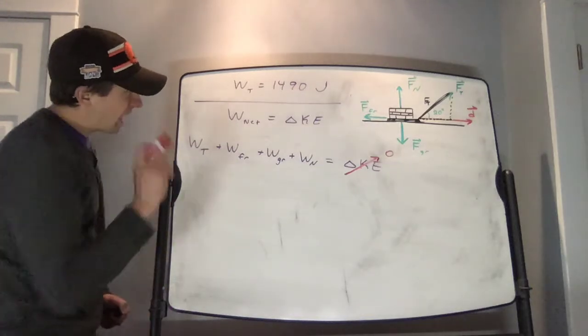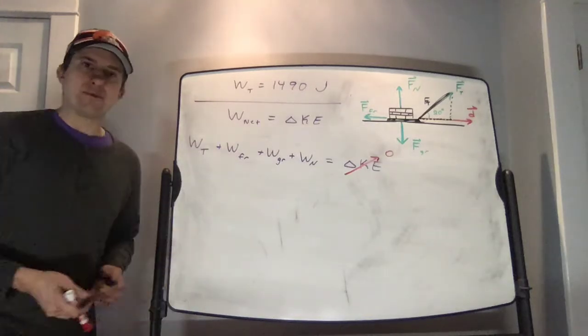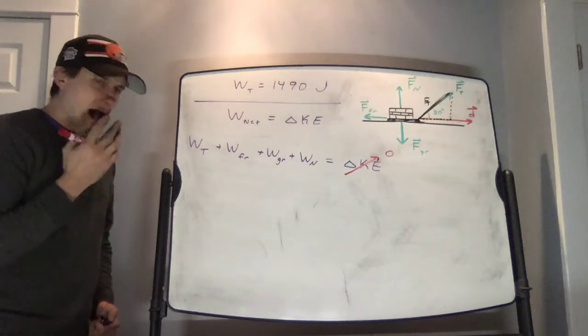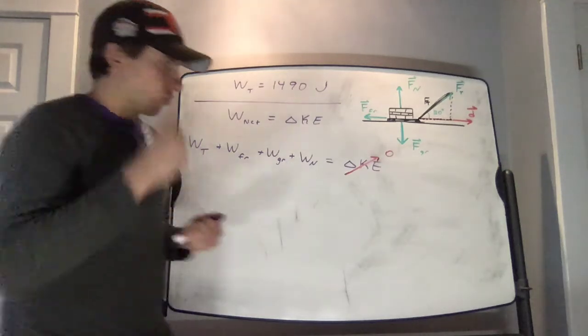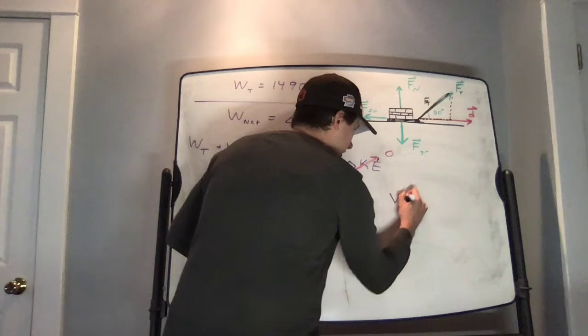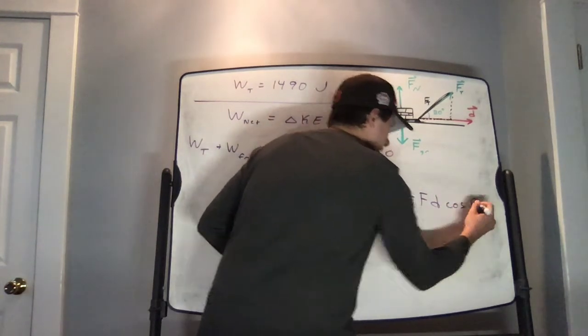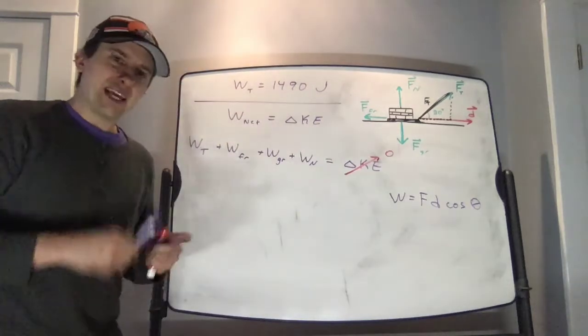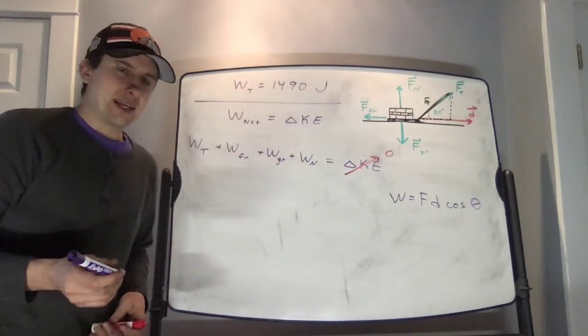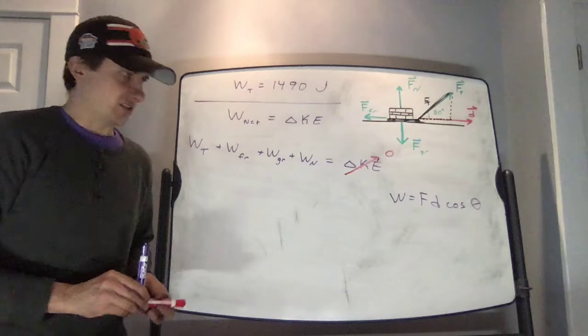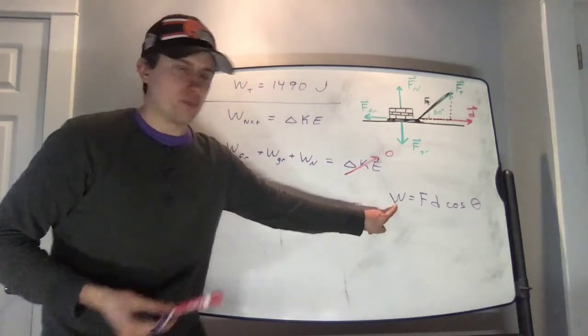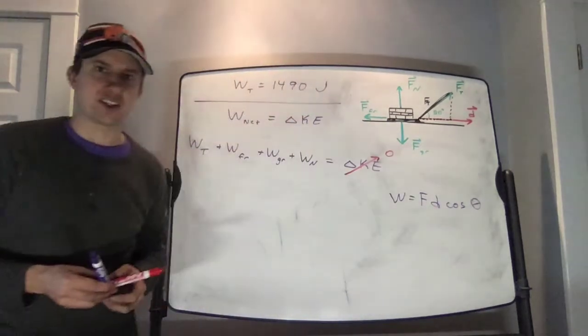Also, if I remember what we talked about before, whenever I use the equation for work, we said work is equal to F d cosine of theta. And if theta is 90 degrees, it doesn't matter how strong the force is, the work is still going to be 0 because the cosine of 90 degrees is 0.